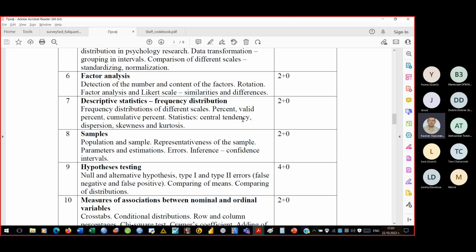Of course, these hypotheses are different and are tested with different methods, but they are hypotheses, and it's very important to understand the principles of hypothesis testing before the analysis of relations.